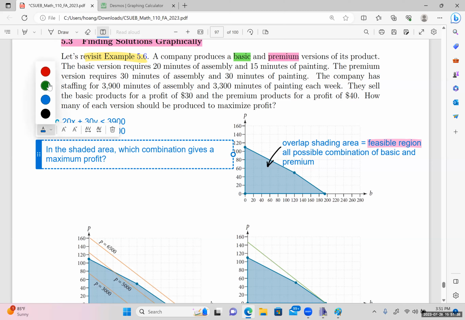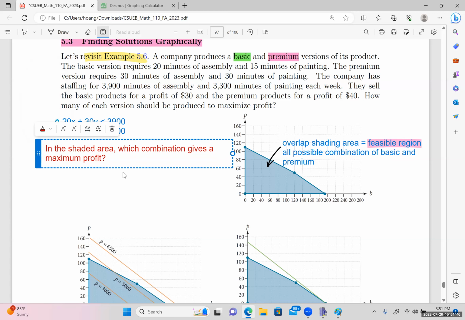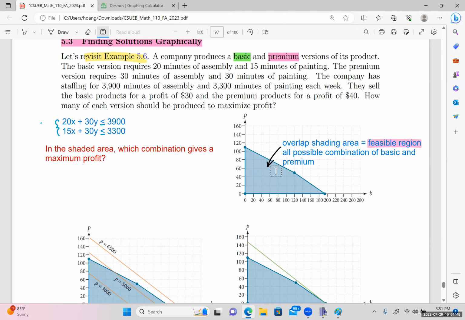Let me make this red here. In the shaded area, which combinations give a maximum profit? So all of this in here is the solution of this system, but we want to know if one of them maximizes the profit.